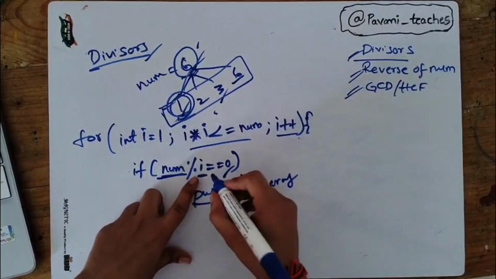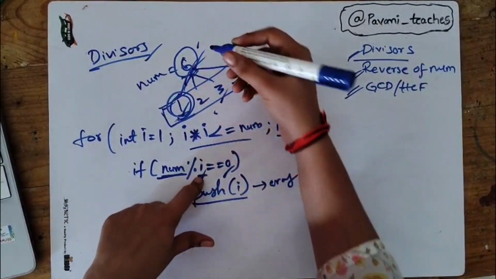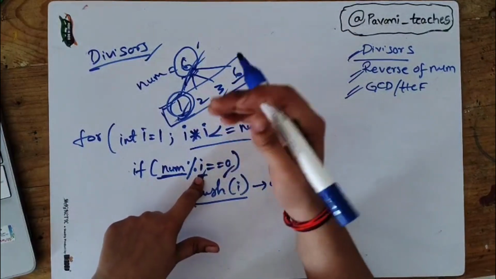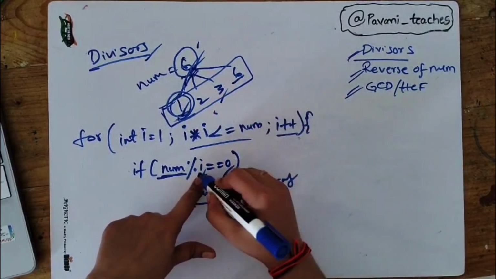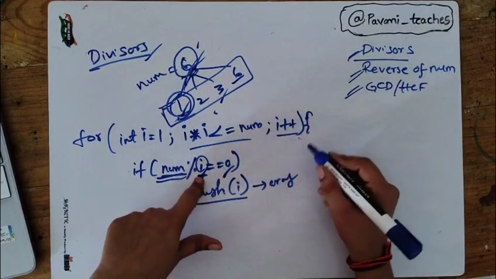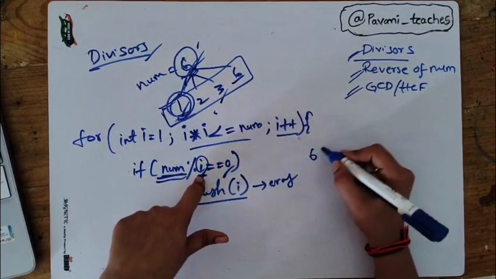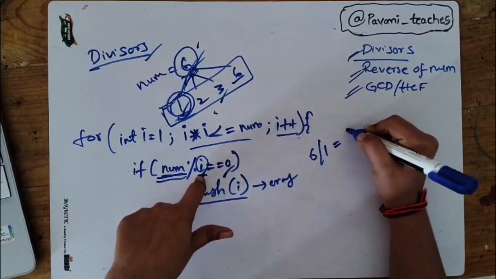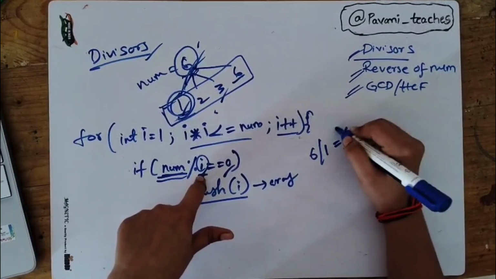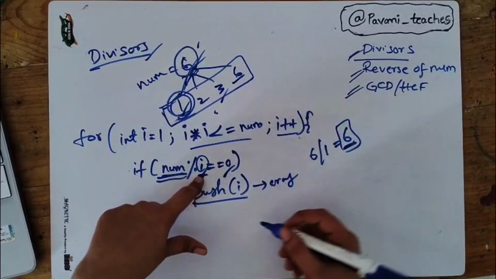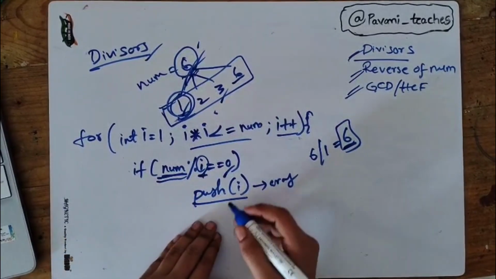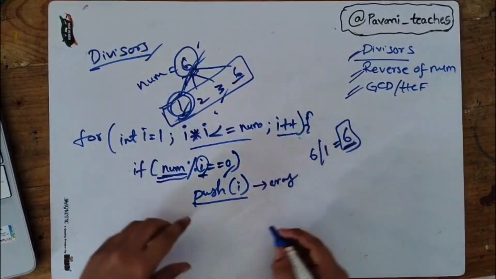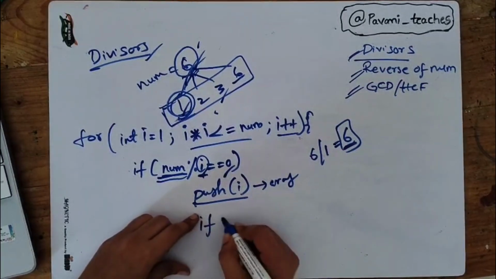If i exactly divides 6, we'll have another number which, multiplied with this i, gives this number. That means if i equals 1, 6 divided by 1 is equal to 6, so 6 is also a divisor. That means inside this for loop, we have to write another condition.